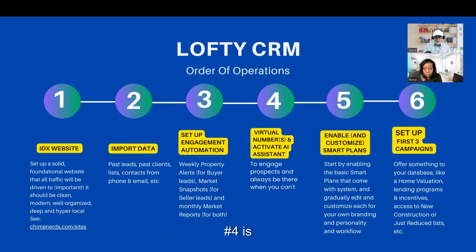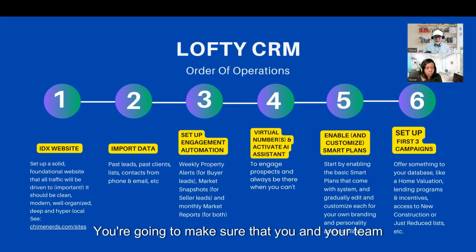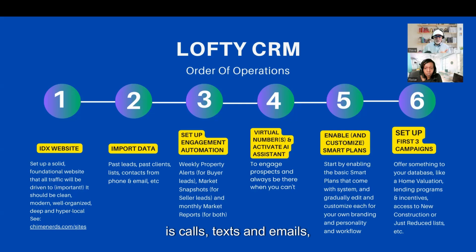Number 4 is the virtual numbers. You're going to make sure that you and your team is making calls and texts through the system. Emails too. If you think about it, the 3 main channels of communication for our prospects is calls, text, and emails. And we want to be able to manage all those channels through the platform.